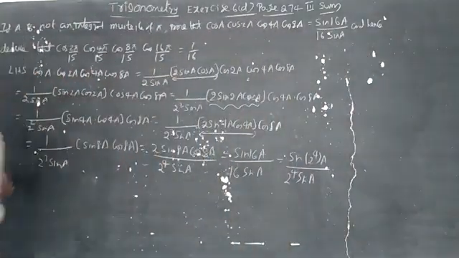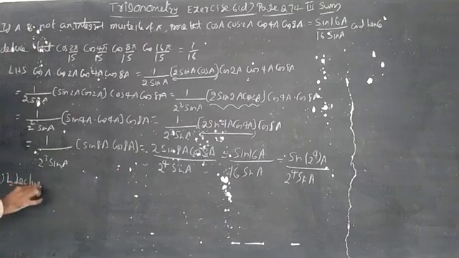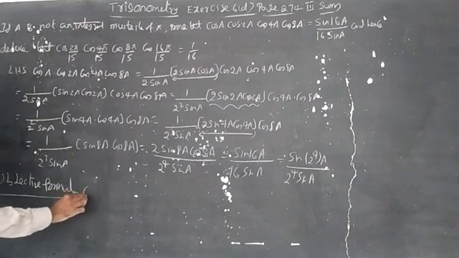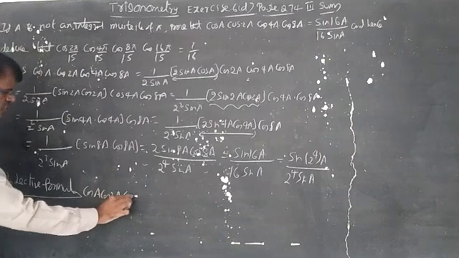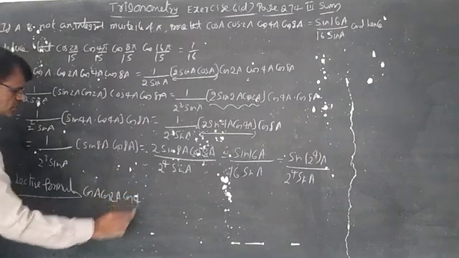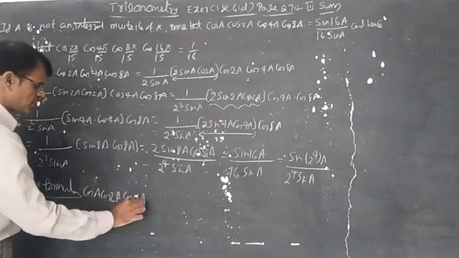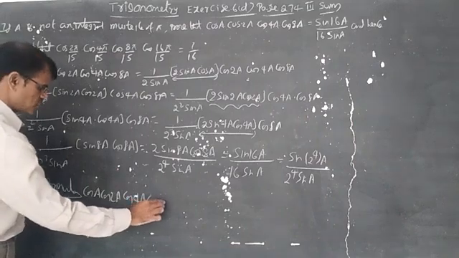I am writing here an objective formula for MSET or mains or advanced, anything. You should remember this one as a formula. The objective formula is cos A, cos 2A, cos 4A, cos 8A, and so on.